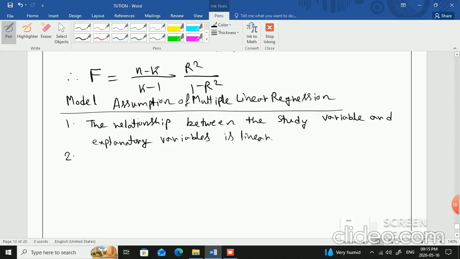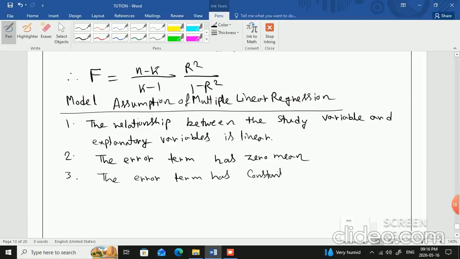Number 2, the error term has zero mean. Number 3, the error term has constant variance. That's called homoscedasticity.